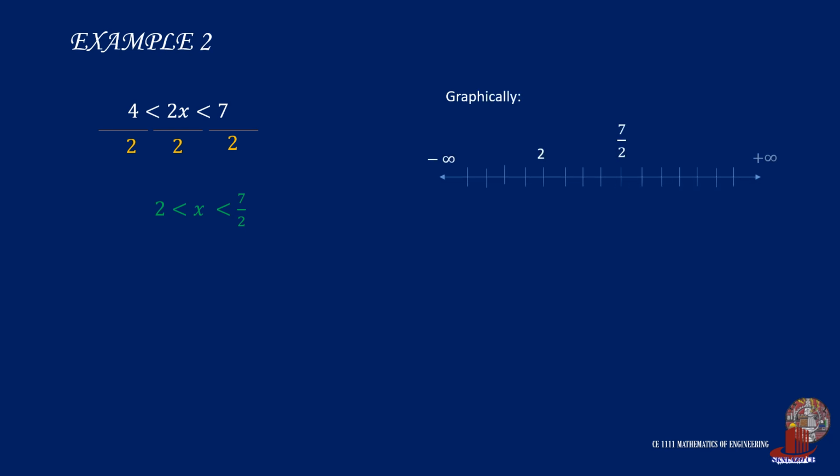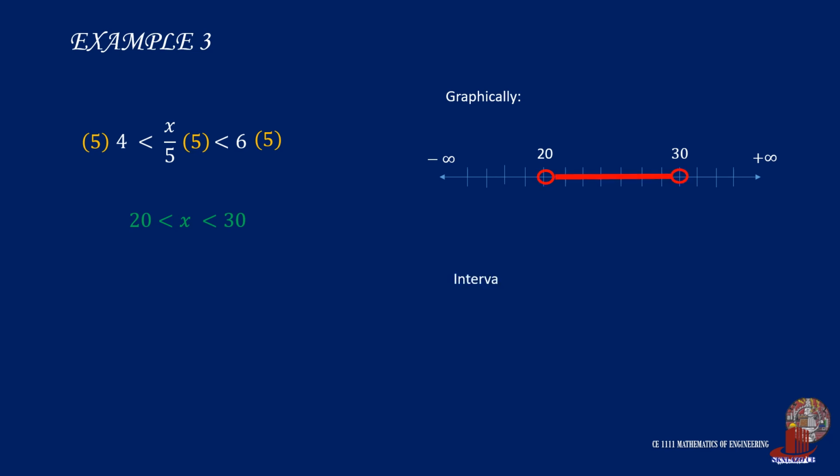Graphically, we can show the inequality as two hollow dots on both positive 2 and 7 halves. The inequality also shows that x is between 2 and 3.5, or 7 halves, so the range connects these two dots. Using interval notation, we place an open parenthesis with 2 paired with 7 halves and a closed parenthesis.